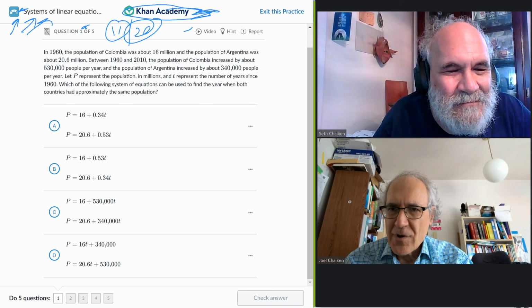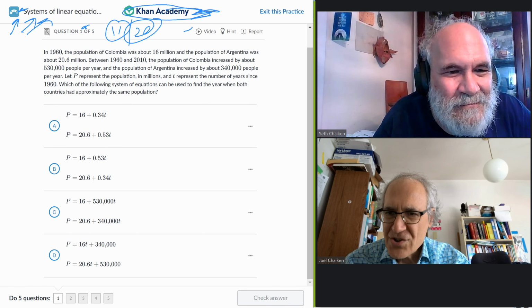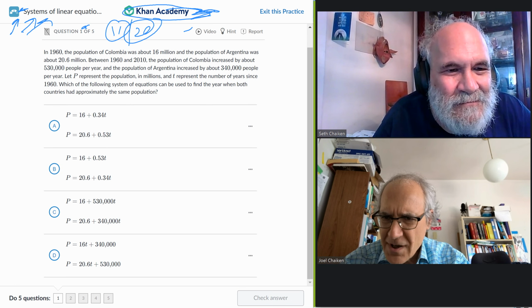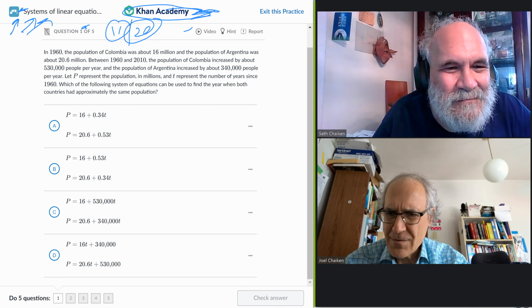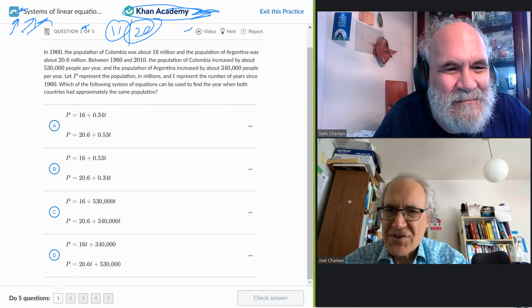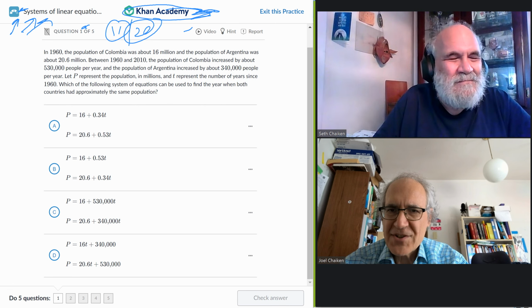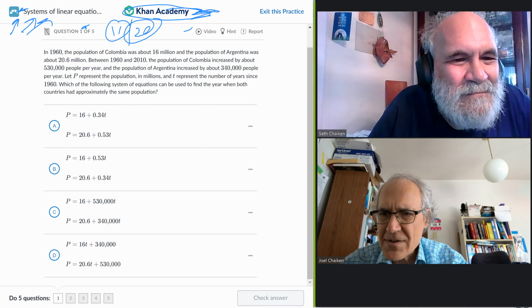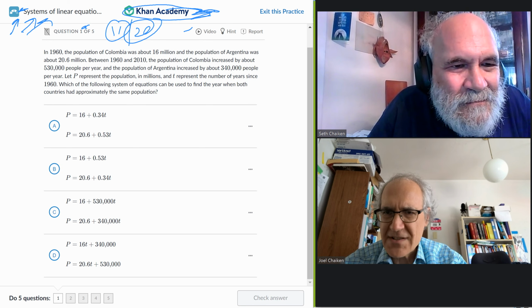Okay, it's obviously a word problem. It is two equations, two unknowns, P and T. Anyway, let's read. In 1960, the population of Colombia was about 16 million, and the population of Argentina was 20.6 million.